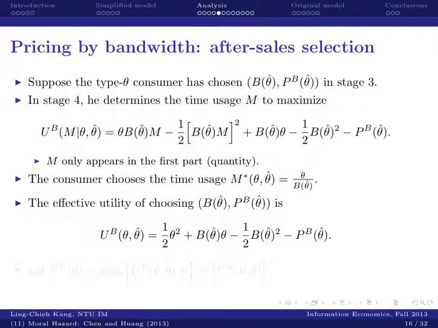The consumer will solve this problem, and the optimal solution would be this one, depending on theta and the bandwidth B. And then the effective utility will become this, depending on your type, on the product of the type and the bandwidth, and something that you cannot control. Again, we care about what the equilibrium effective utility is for a consumer if he tells the truth.